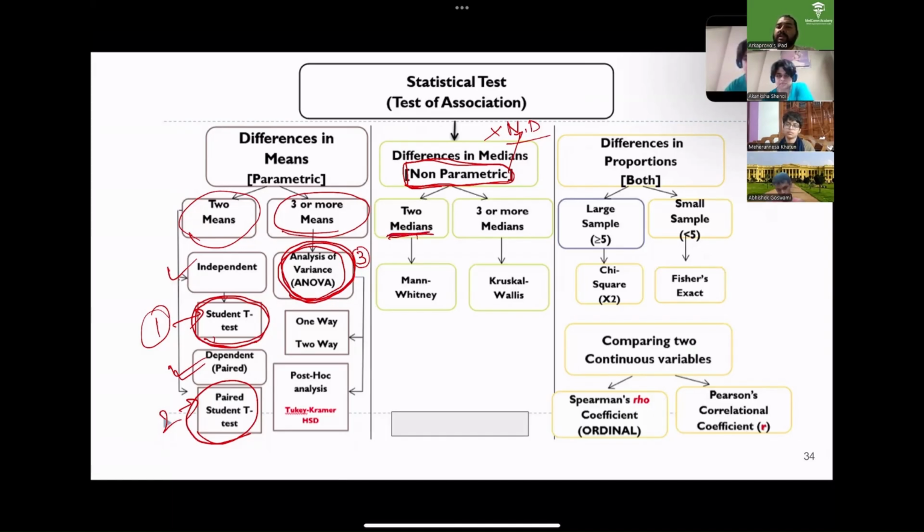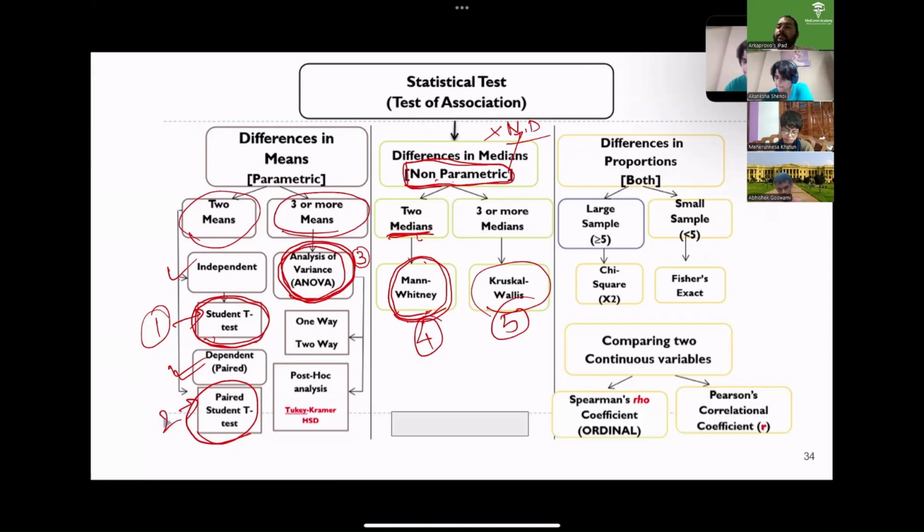So in case of median, if you are doing 2 medians, the difference of 2 medians, we are doing the Mann-Whitney test. 3 or more medians, Kruskal-Wallis. Okay, these are the names of the tests.